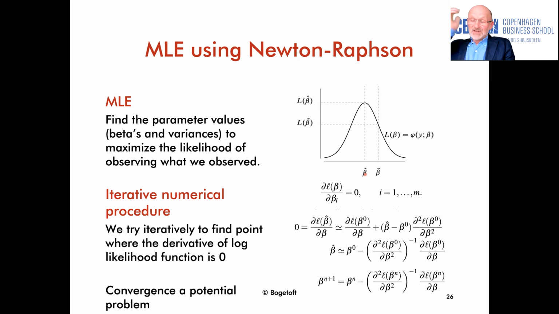Of course, if we just had one parameter beta, we could draw it and easily eyeball where we get the highest value. But in reality, we have many betas. For all the inputs, we have a beta if we're talking about a production function.